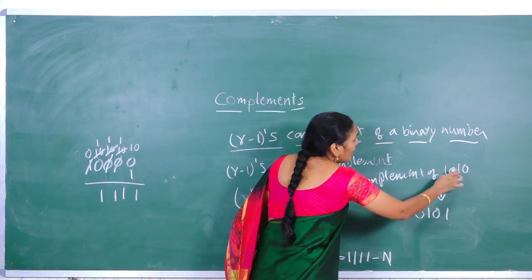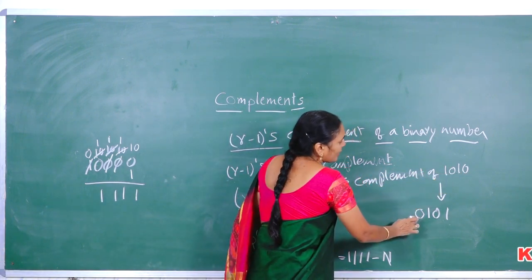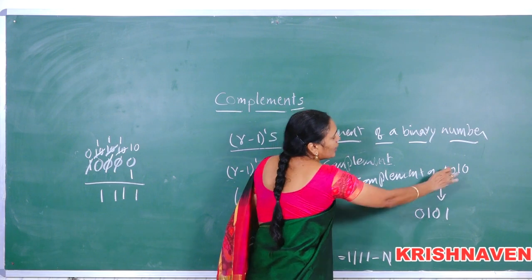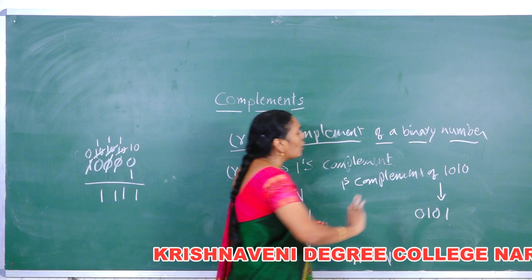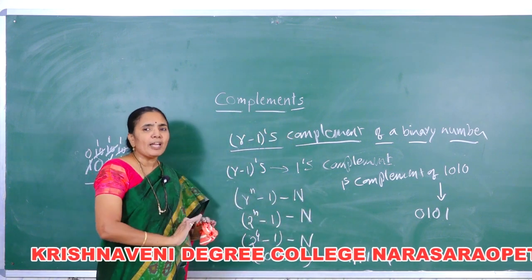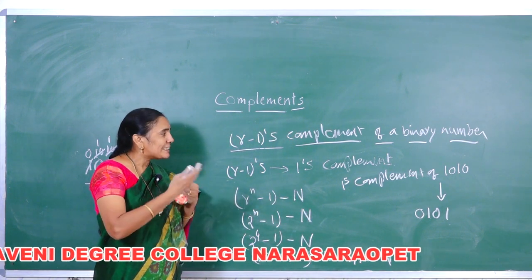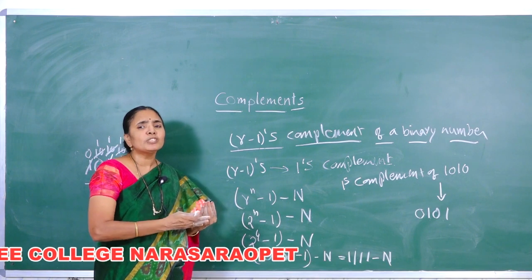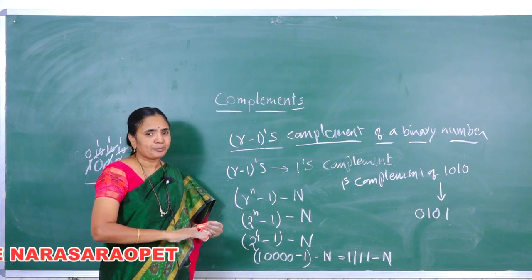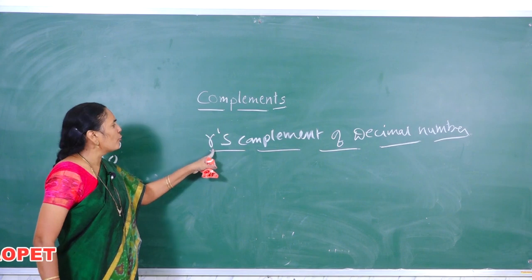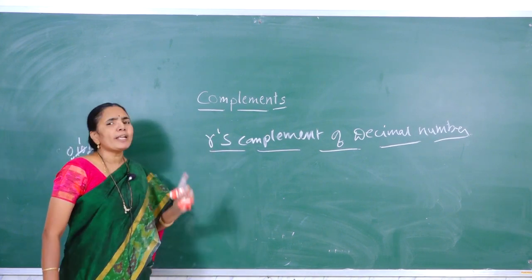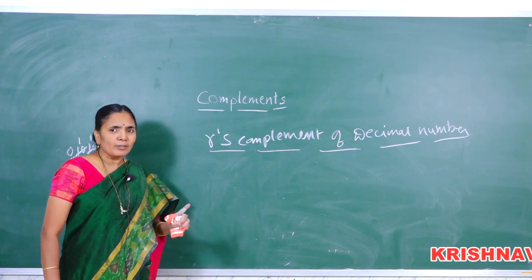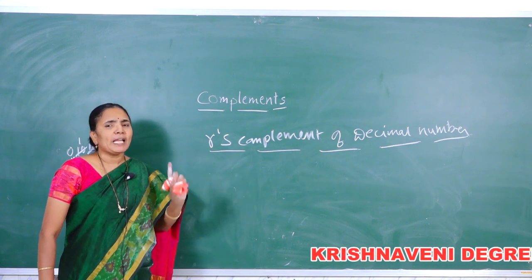If you see this number, the first digit is 1, and in the 1's complement it is 0. The second digit is 0, and in the 1's complement it is 1. So the 1's complement of a given number can be obtained by just interchanging 1 to 0 and 0 to 1. Now let us discuss how to find the r's complement of a decimal number. The r's complement of a decimal number is nothing but the r minus 1's complement plus 1.